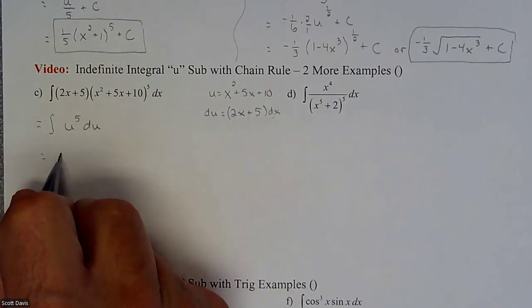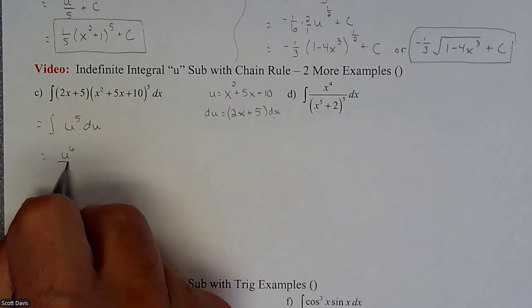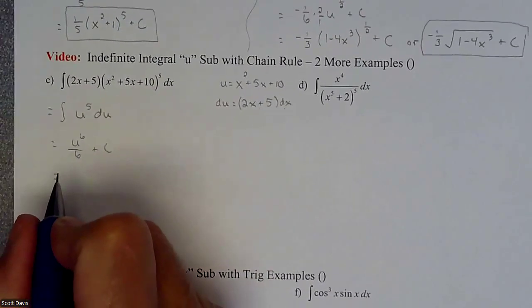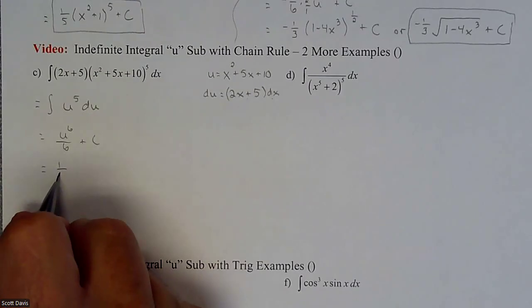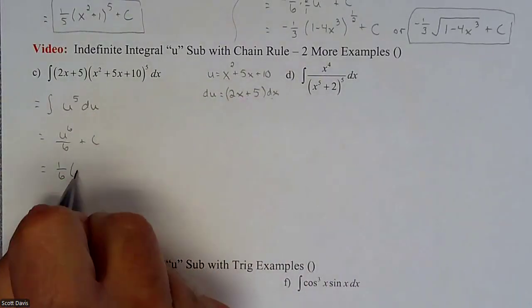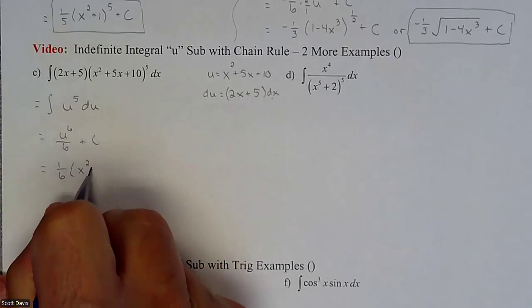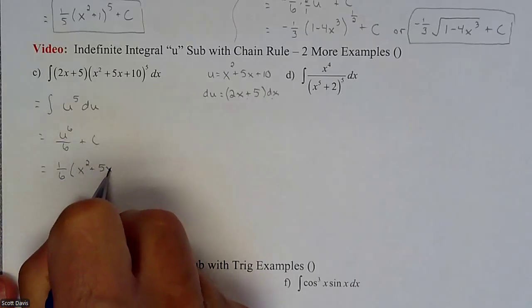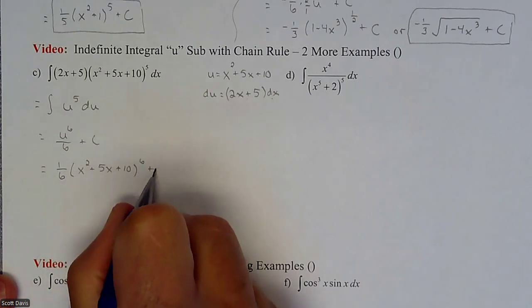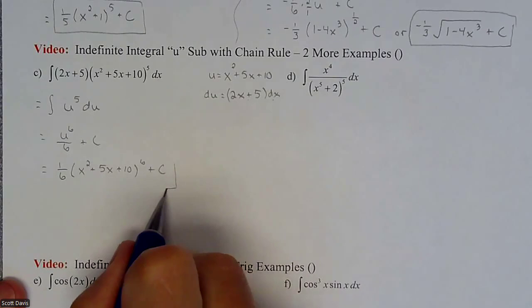So I will add my power, divide by my power, and then just sub things back in. So I'll clean this up as a 1/6. And then this is my u, so x squared plus 5x plus 10 to the sixth power plus c.